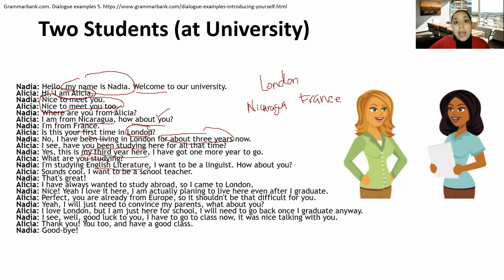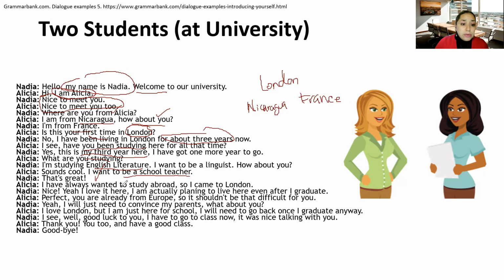Then it's the time for the other person to complete the dialogue, to answer something. And then Alicia, the other person, says, I want to be a school teacher. So they are relating things that are common between the two of them, because to be a school teacher needs a lot of literature. And then they say, oh, that's great.